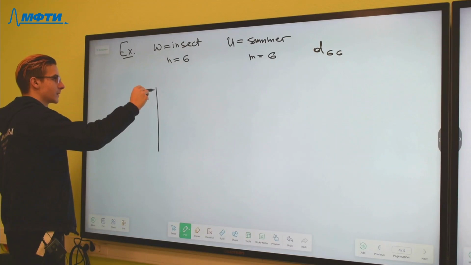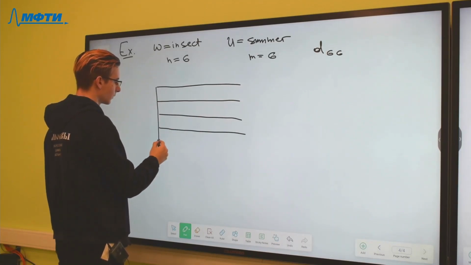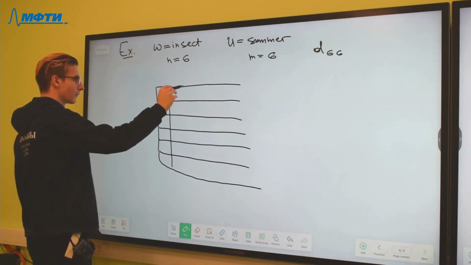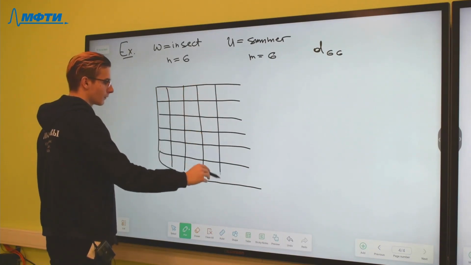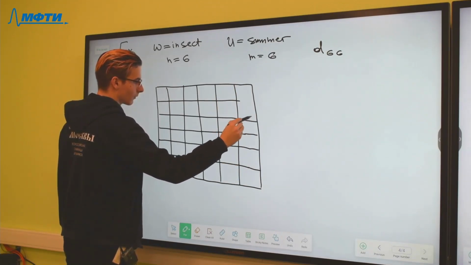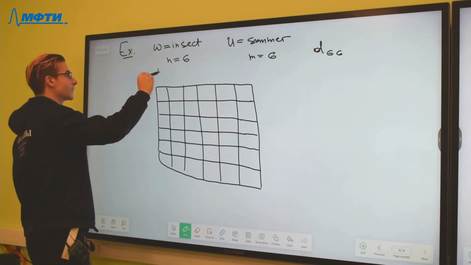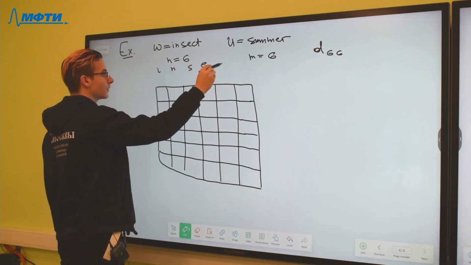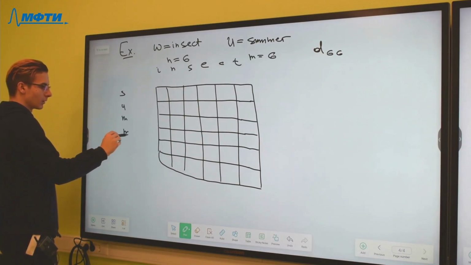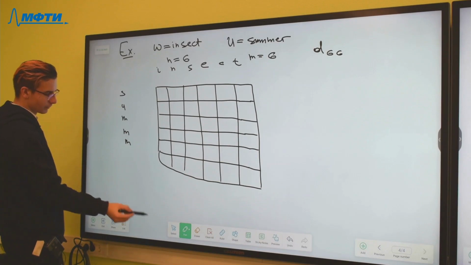So we need to write a matrix, and usually we write characters here to understand.